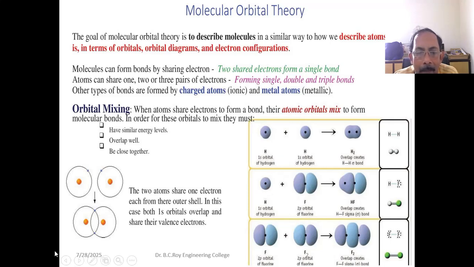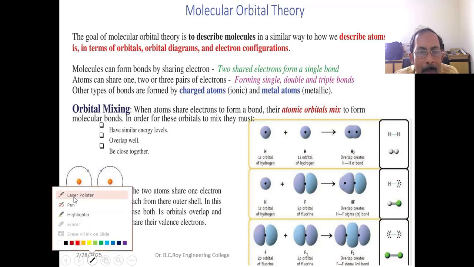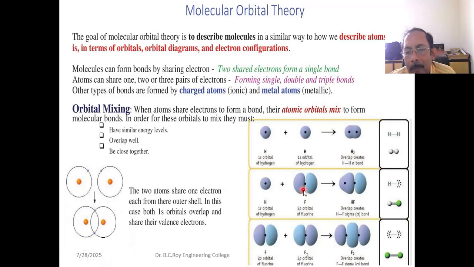And then we have another sigma one, but that is with one s orbital and one p orbital. So if I take one s orbital and one p orbital, then you will find this type of orbital.